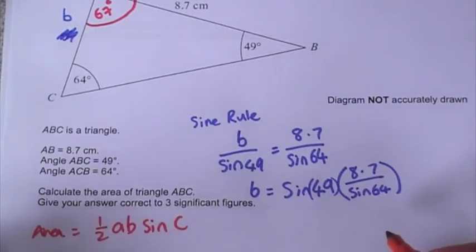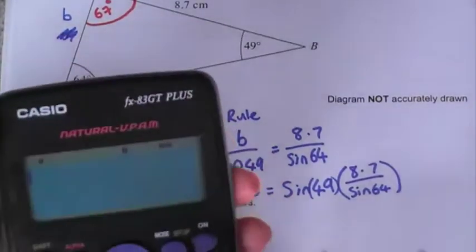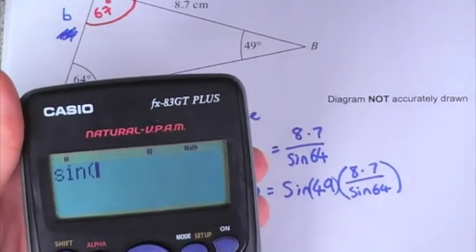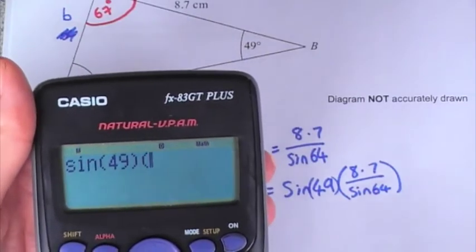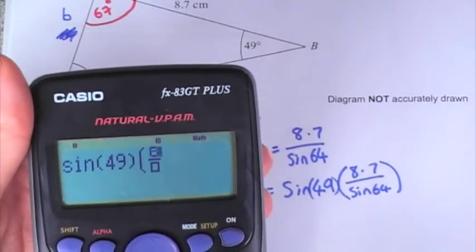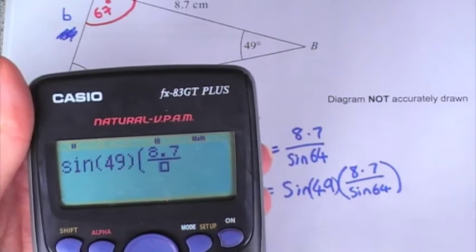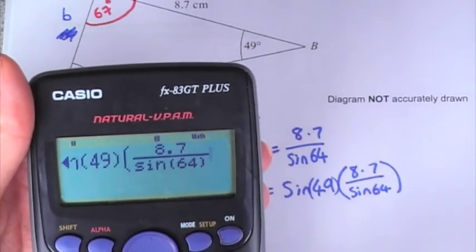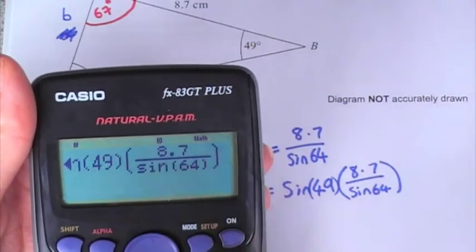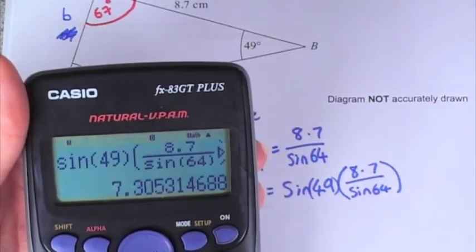When I put that into my calculator, and I'll do it for you so you can see, I'm going to do sine 49, close that bracket off, open bracket, quotient 8.7 over sine 64, close bracket, bring it to the outside of the quotient and close the other bracket off.